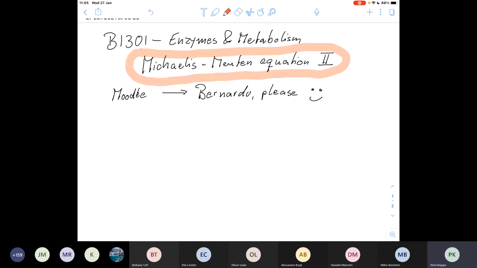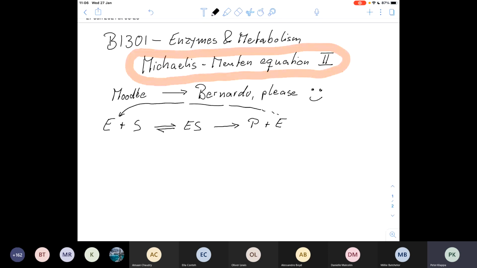We said we have a reaction where we have an enzyme plus a substrate, and there is a sort of reversible binding process where we form an enzyme substrate complex, and then we are looking at an irreversible process here which gives us the product plus the enzyme, which is recycled and can start a new round of activity again.